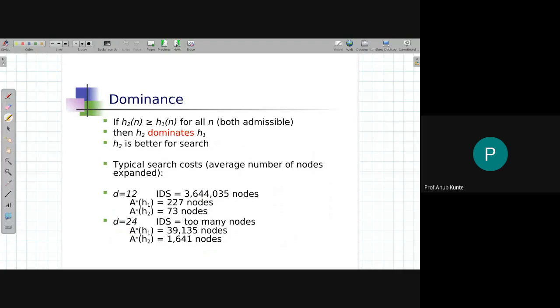So the next thing that I need to do is, for every node in my state space, I would actually calculate the value of h2, the value of h1, and I will see whether the values are increasing or decreasing. So for every n in my state space, I may have a certain finite number of nodes, and sometimes the state space is going to be very large.